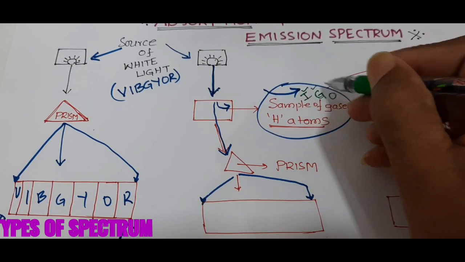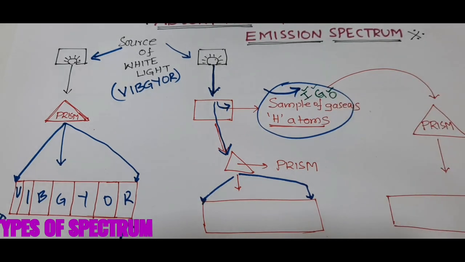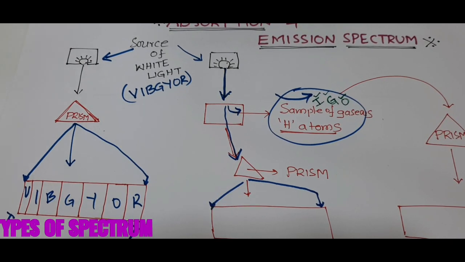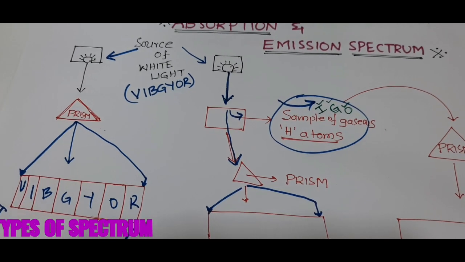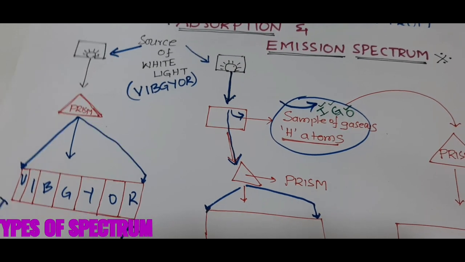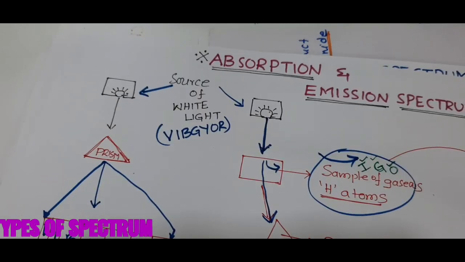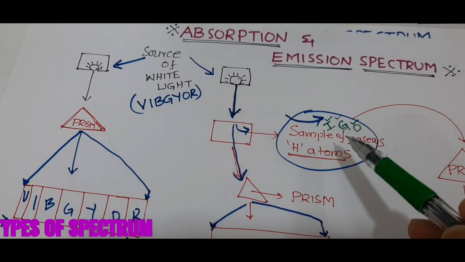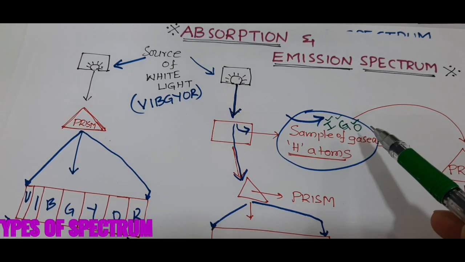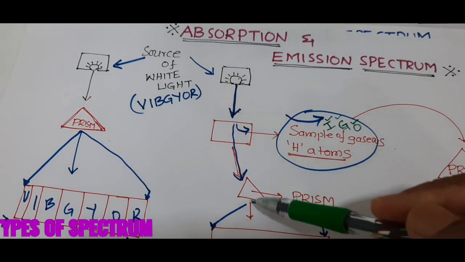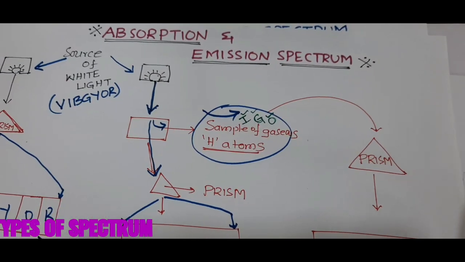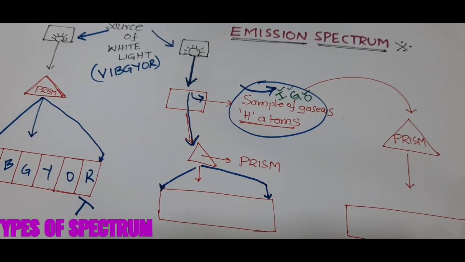No need to fix this radiation. For the better understanding of the absorption and emission spectrum only, I am taking the white light to explain the concept. It is not practical, it has no practical evidence. This hydrogen sample will take the indigo, green and orange and the remaining colors will pass through the prism. For better understanding only I am taking like that, right?